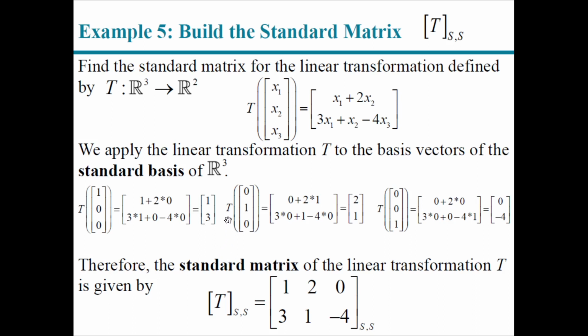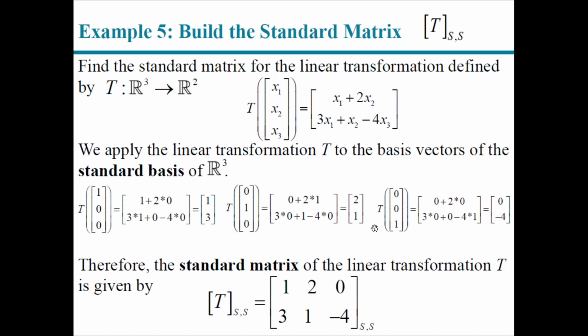Then I apply the linear transformation to the second vector in the standard basis, the vector 0, 1, 0, and I get the image 2, 1, and this image goes into the second column of the standard matrix.